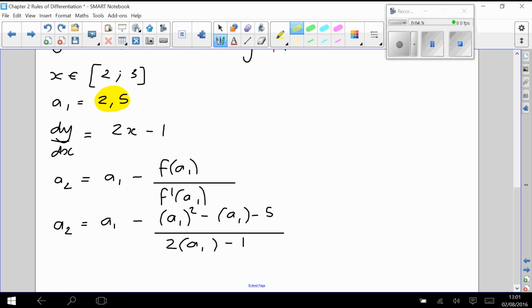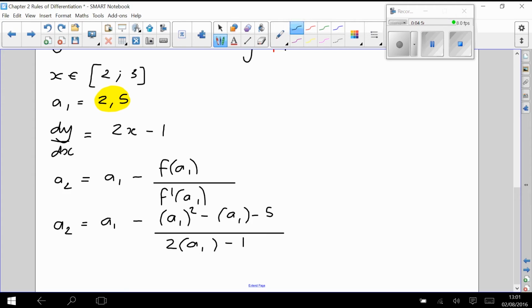From now, it's almost like magic. Every single time you press equals, your calculator is going to come out with your next estimate. Carry on pressing until you can see that those decimal places stop changing, and you would have got your final answer.